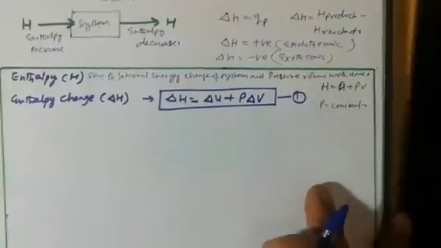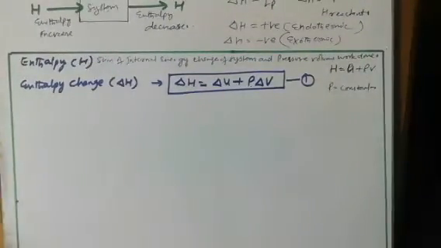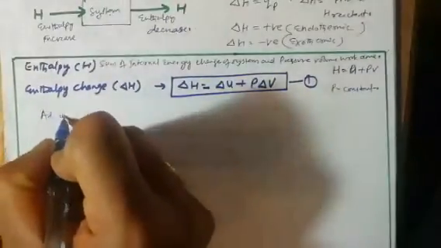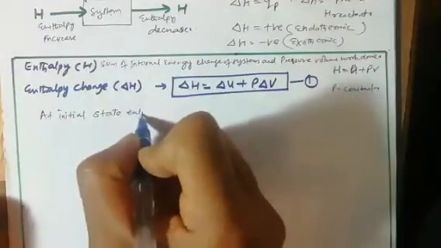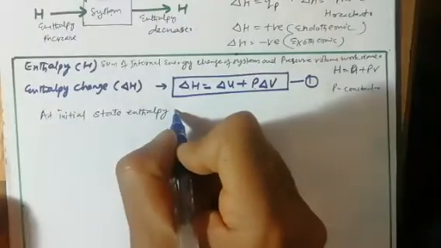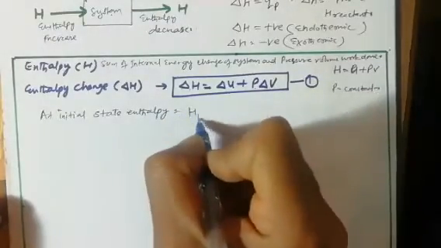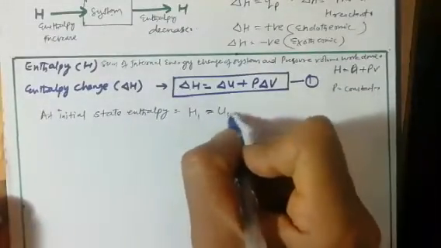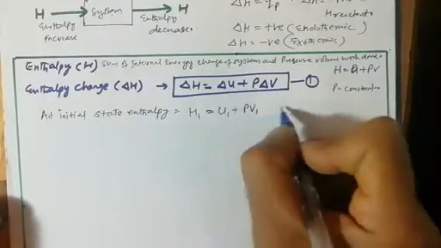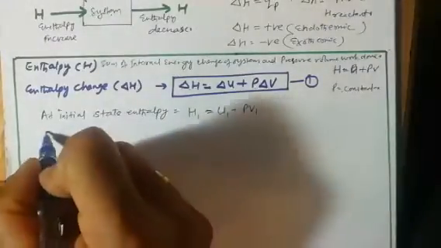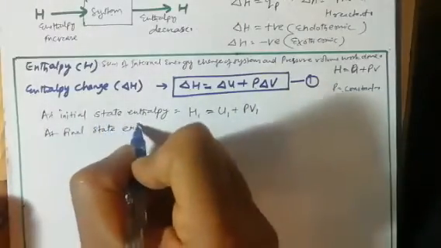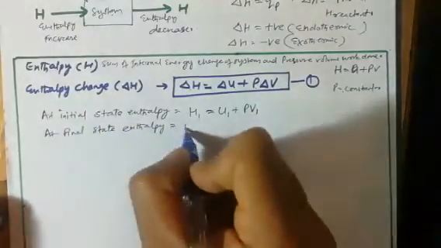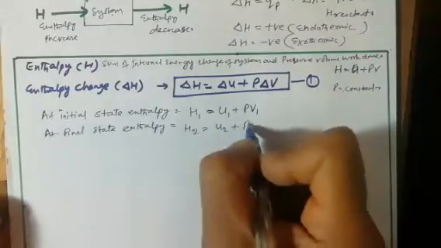Now we need to derive it mathematically. Write at the initial state, before the energy changes, the enthalpy is H1 is equal to U1 plus PV1 at constant pressure, and at the final state the enthalpy is H2 is equal to U2 plus PV2.